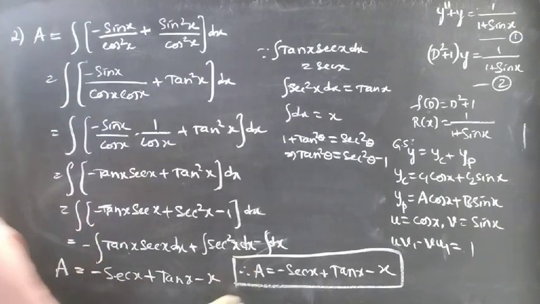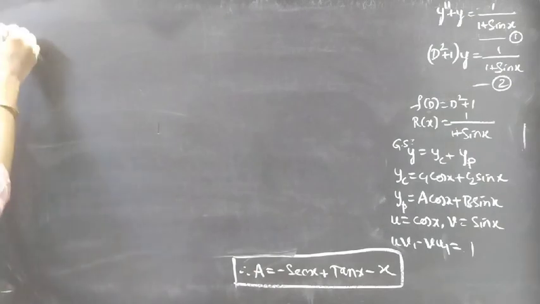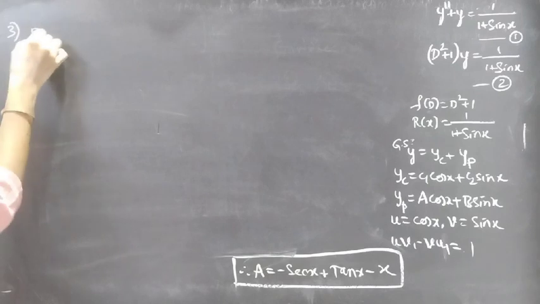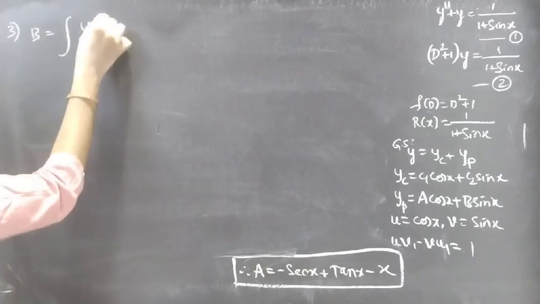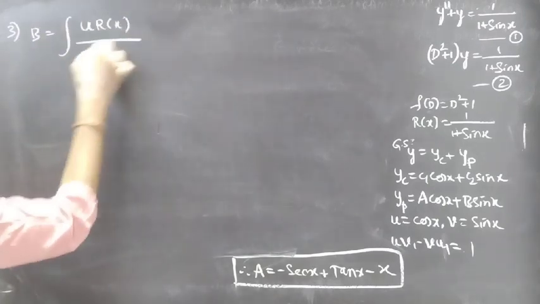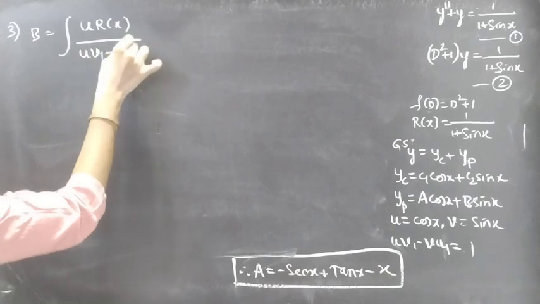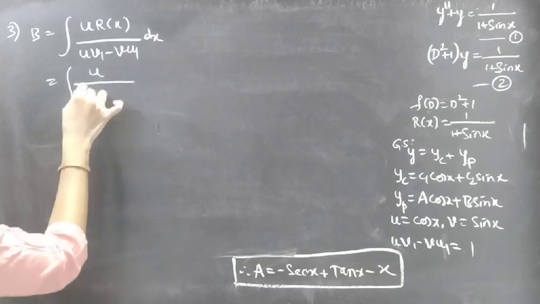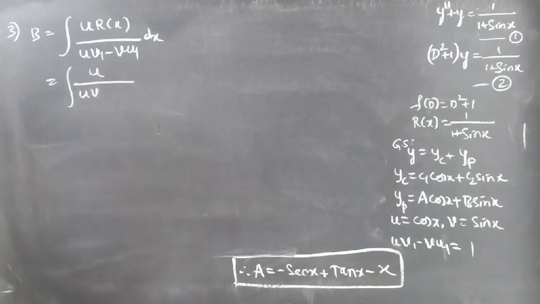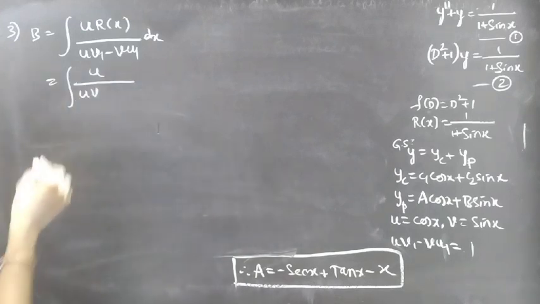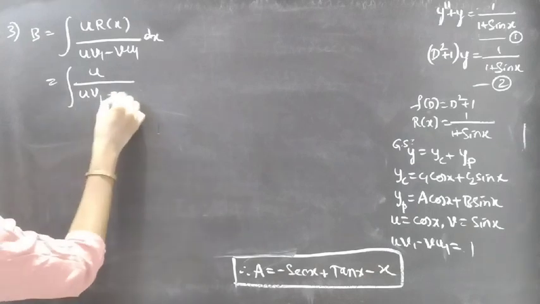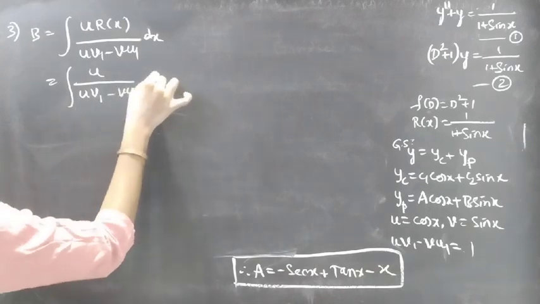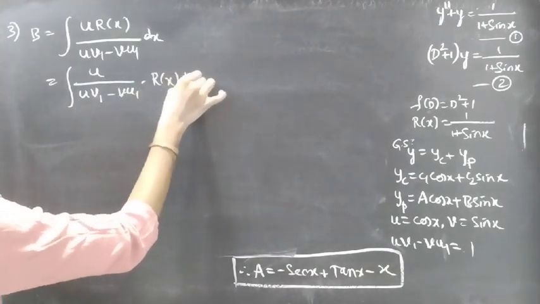Let's now find B. B is given by integral u into r of x by u v1 minus v1 into dx. See, r of x is a fraction, so we are writing the integrand as u by u v1 minus v1 into r of x, for our convenience.